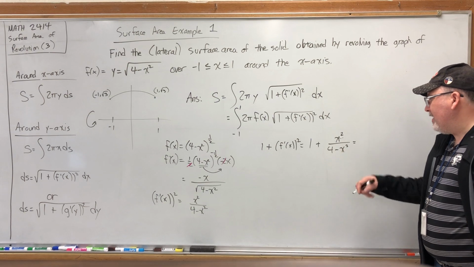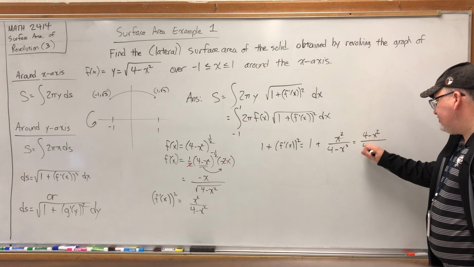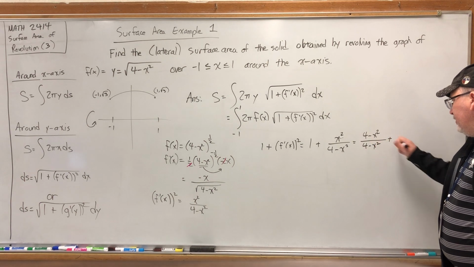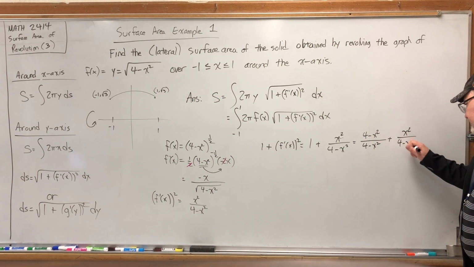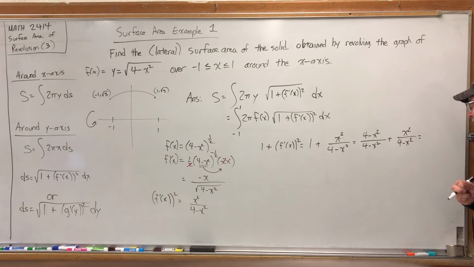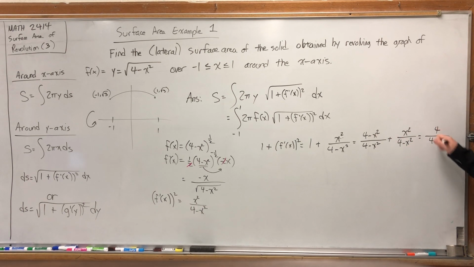And since I want 4 minus x squared as the common denominator, we're going to put 4 minus x squared over itself in terms of 1. And there's the other half of the addition problem. And now when I add these fractions, I got a common denominator of 4 minus x squared. I can add the numerators, but if you notice, the x squareds cancel, leaving me a 4.